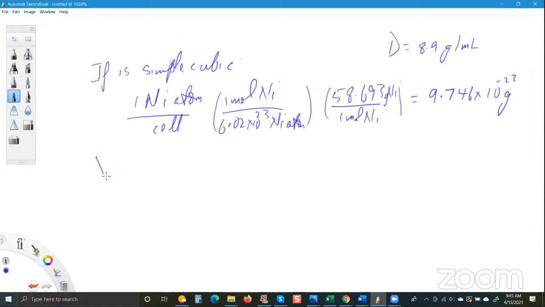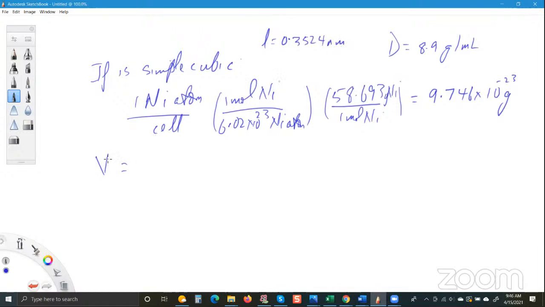Now the volume, as in the case of the simple cubic example that we did before, would be equal to the length cubed, right? Now the length is equal to 0.3524 nanometers, all right?